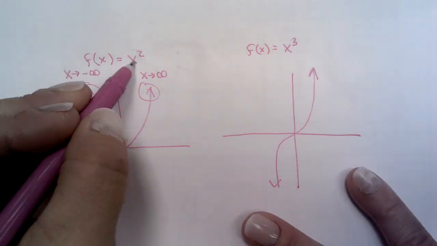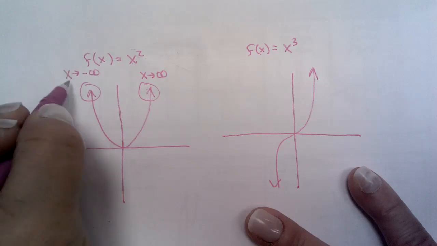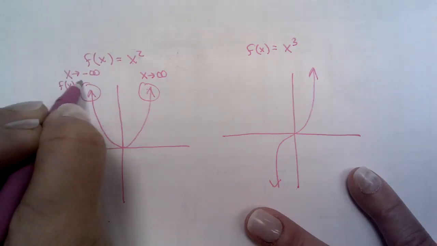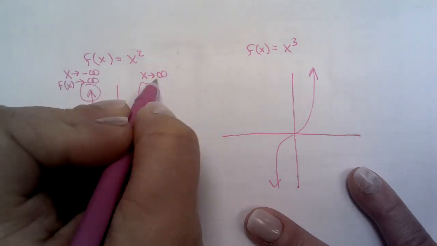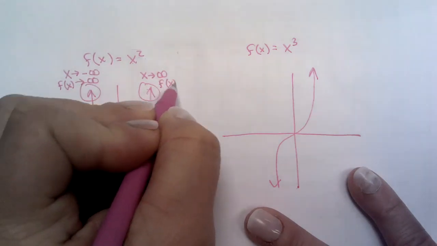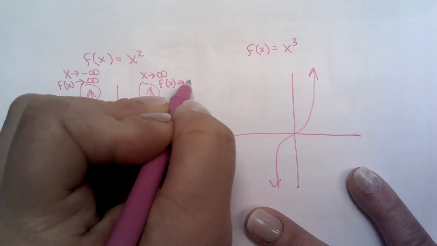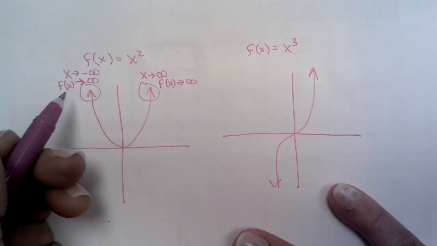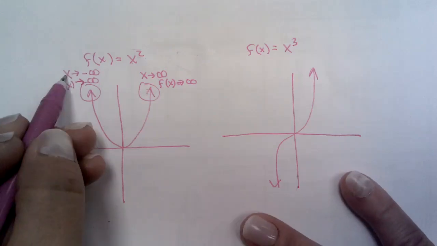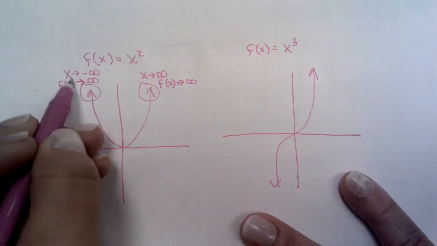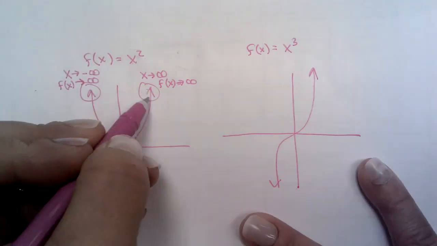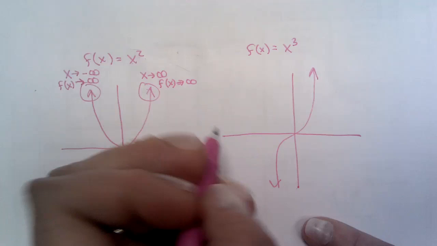So in the x squared function, both of these ranges, or our f of x values, are both going up at each end of the graph. Okay? So this little arrow means as it approaches, or as it goes to. So here, as x goes this way, our range or our y value is going up. As x goes this way, our range or our y value is going down.